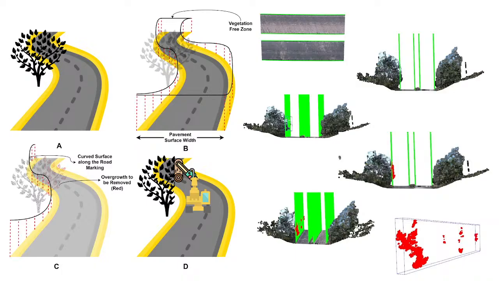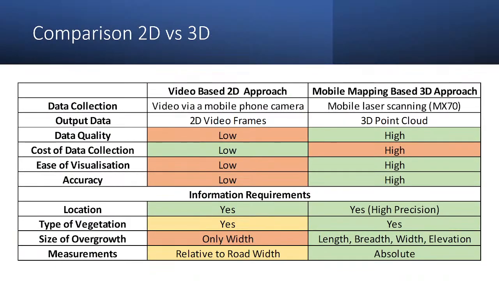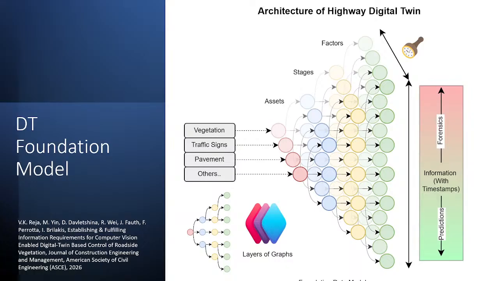The difference between the 2 technologies is that one is quite basic. It does not give you the 3D perception, and it does not give you exactly where those instances are. The other one gives you the vegetation density, the 3D perspective, etc. So this was just one use case.